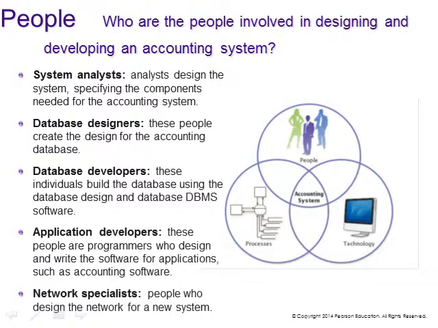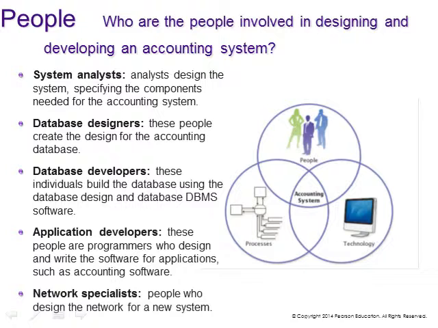And this just gives us a little bit of a feel for the types of people. So we talk about people, processes, and technology. When we're talking people, who are they? We're talking systems analysts, which may be you all. You all may be a systems analyst. We're talking about database designers, database developers, application developers, and network specialists.